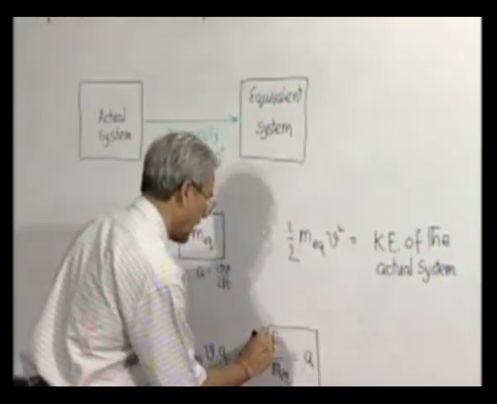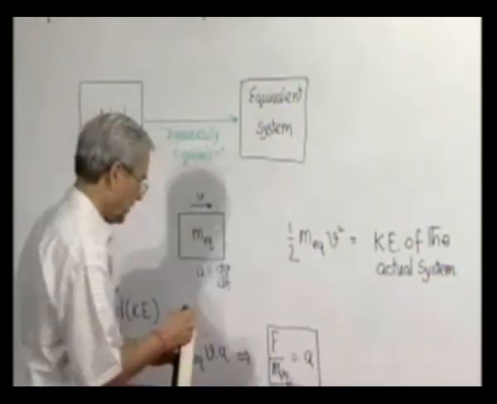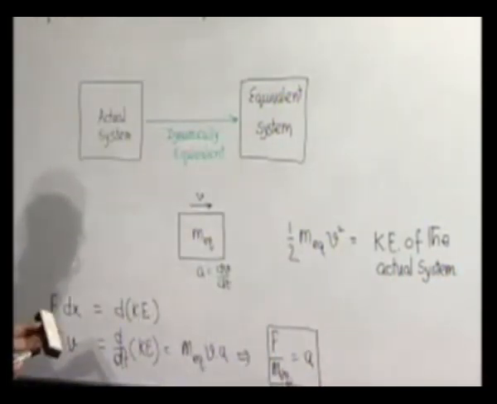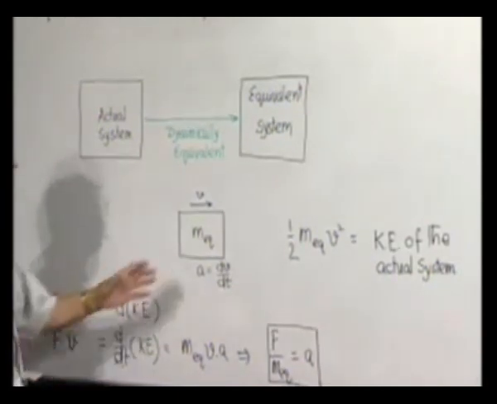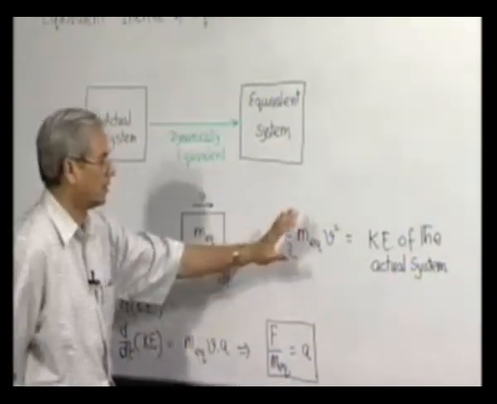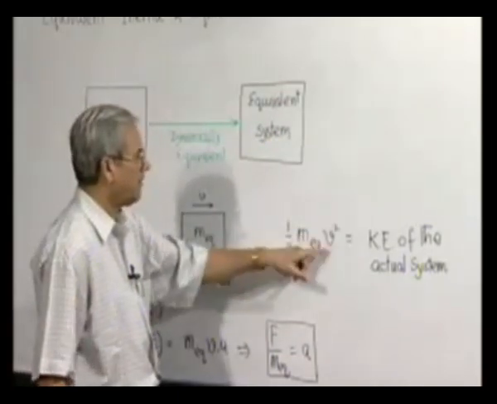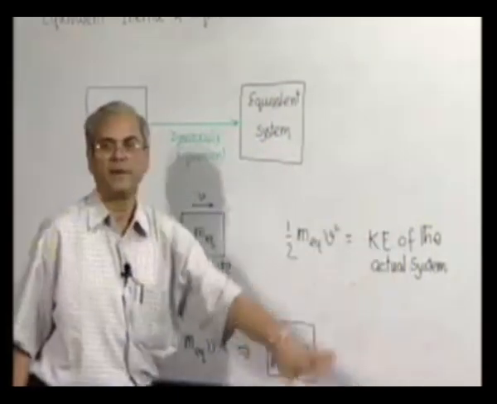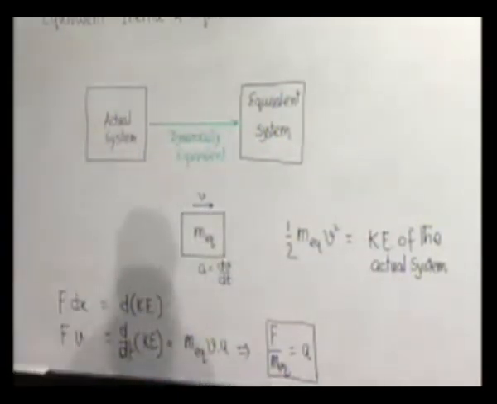So, we produce the same acceleration by applying the same force if the mass we choose is such that its energy for a same velocity is identical with that of the original system.